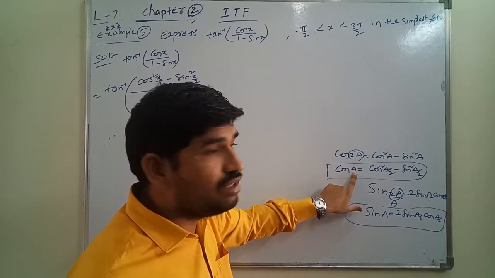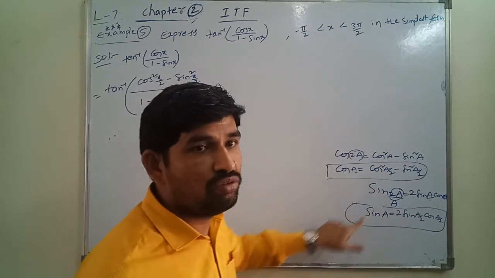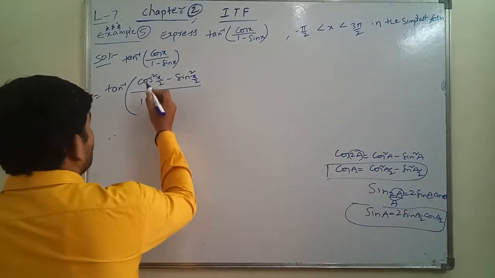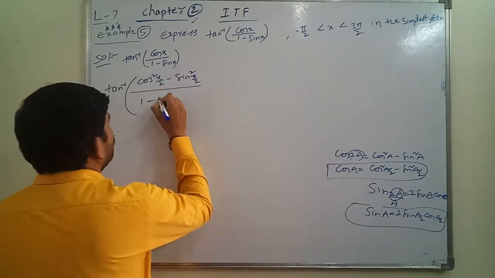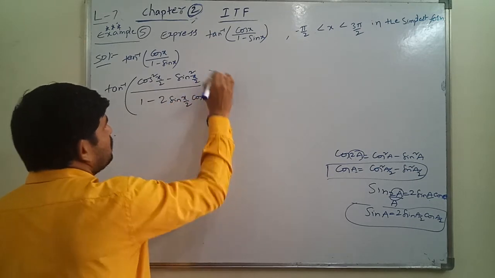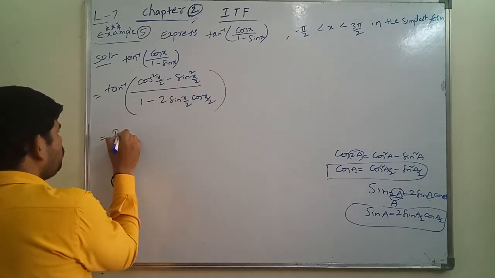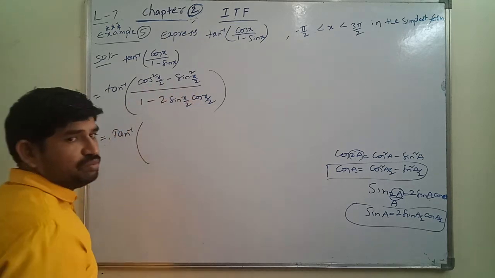What will we write here? Cos x is equal to cos square x by 2 minus sin square x by 2. Yes or no? So now sin x, again in place of a you are writing x. Sin x is equal to 2 sin x by 2 cos x by 2. Yes. Next one is tan inverse of, I will write. This is the form of a square minus b square or not?